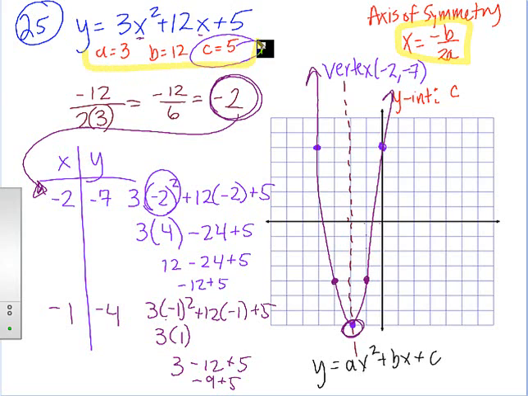The b will always turn negative, so 12 is going to change to negative 12. And then 2 times a, which was 3, gave us 6. So negative 12 over 6 is our negative 2. So that's where we start off from.